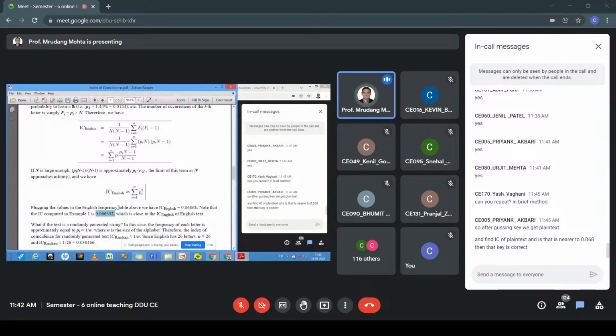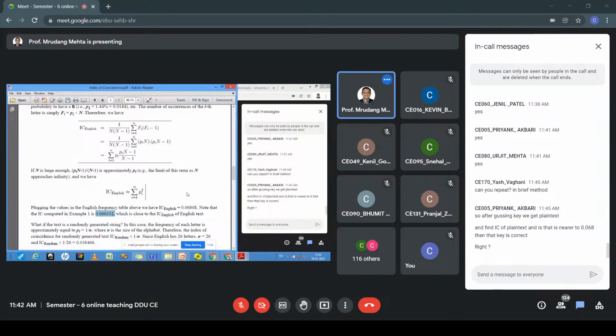Now we find the IC of the plain text, and if that is near to 0.066, then the key is correct. So if we have to guess the key, then we use the IC method.